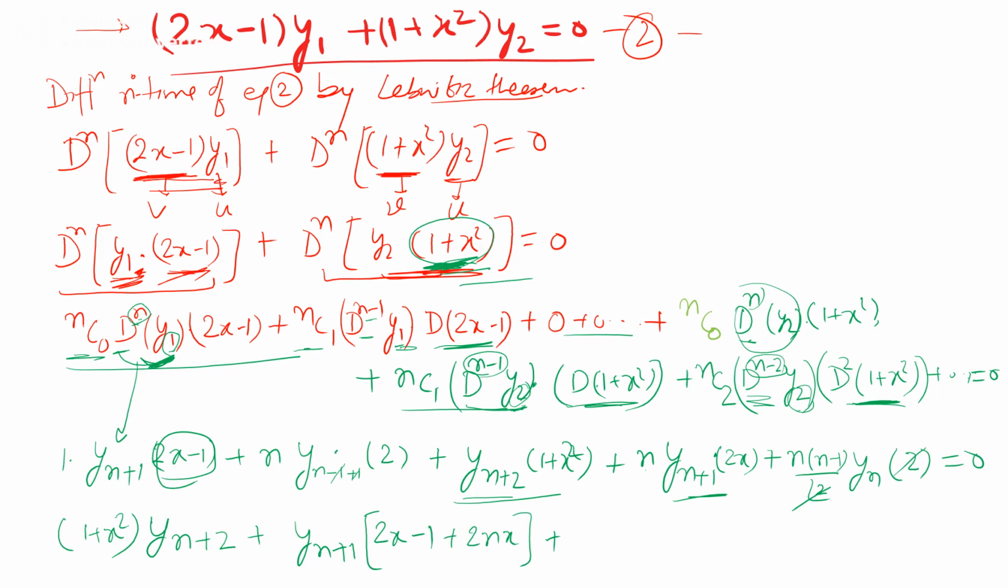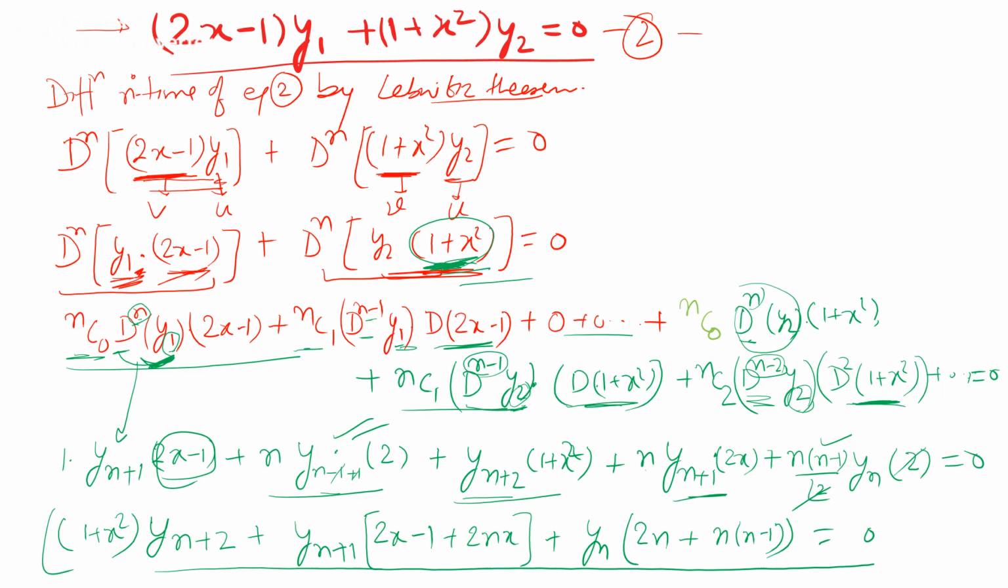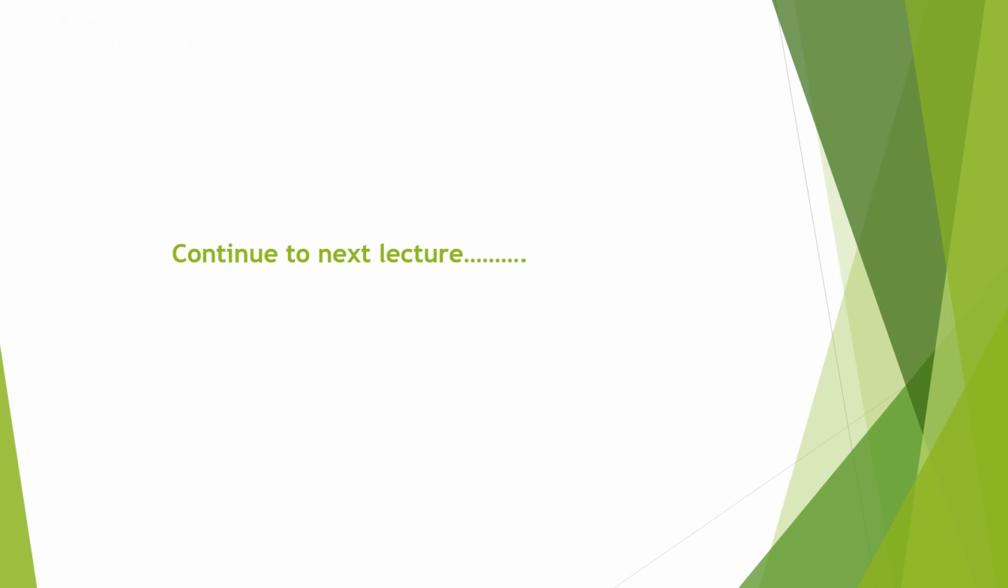Plus, now take yn common in the terms where it exists, write 2n, and there is one more term, so you write n(n minus 1). After simplifying, we have to prove this. This is the required equation which we have to prove. You can simplify and obtain the result. Thank you, and we will discuss further topics in the next lectures.